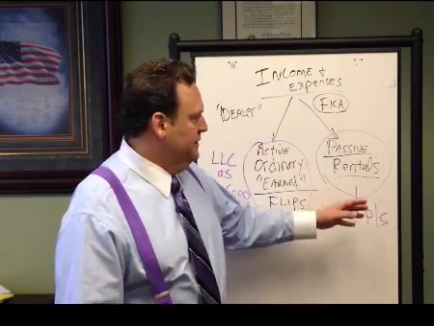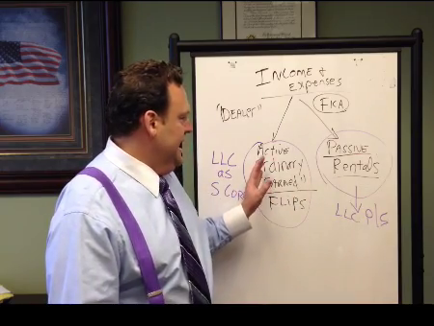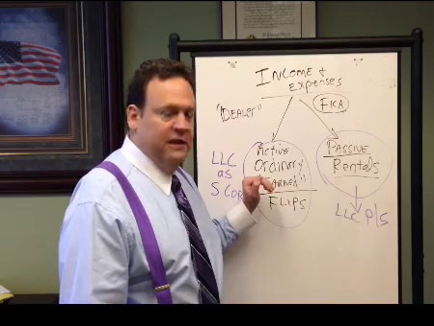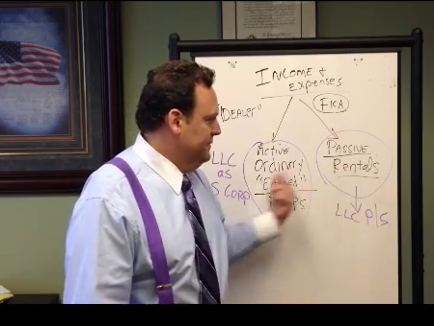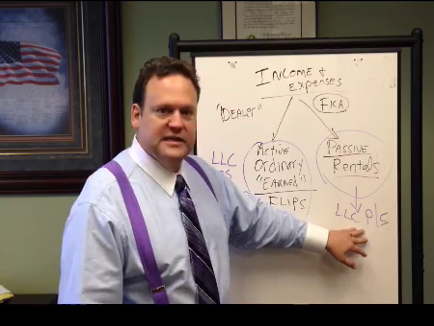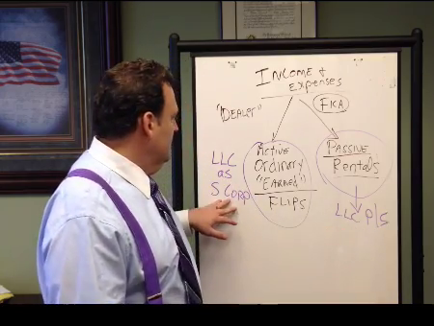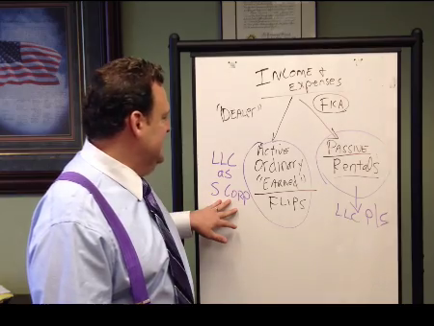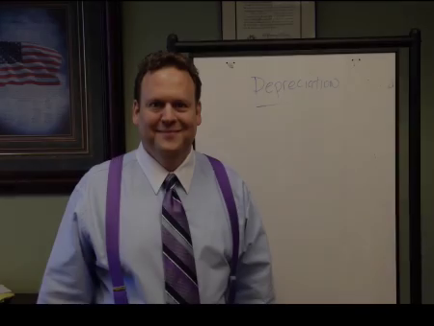We don't want to put this activity over here because we're going to lose those expenses and we're going to pay FICA tax. So we keep them separate. Passive, rentals and stuff, and an LLC filing as a partnership. Ordinary, active, earned, flips, wholesales, and an LLC taxed as an S corporation.